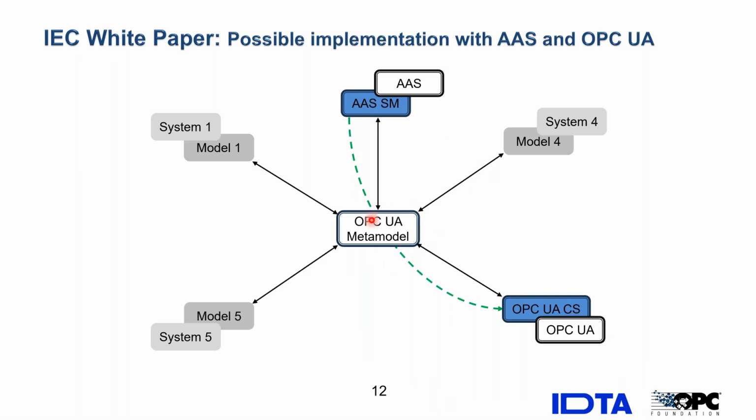And in this OPC UA meta model, we also have the OPC UA companion specs and the different OPC UA informations. So with that one OPC UA meta model based information model, we combine any information from the AAS and from OPC UA. And when you have that common information model, it's quite easy to access them in the same way.